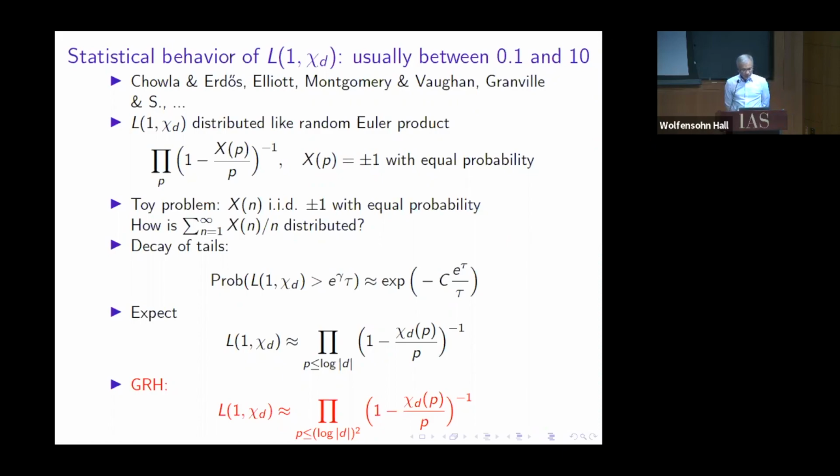Then if you take random variables x_p independently with values plus or minus 1 with equal probability, this product converges almost surely, and you can compute anything you want about this product. So if you want to think of a toy problem of how this distribution looks, just imagine that you have random variables that are coin tosses, plus or minus 1 with equal probability, and look at the sum x_n divided by n and ask for its distribution.